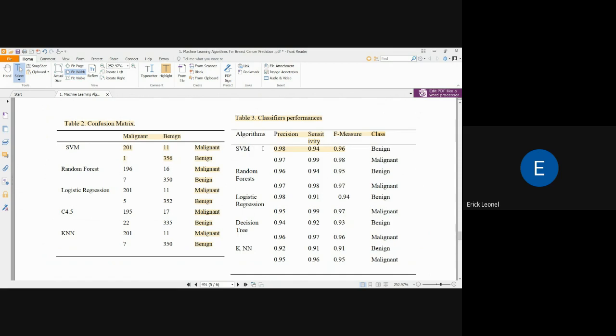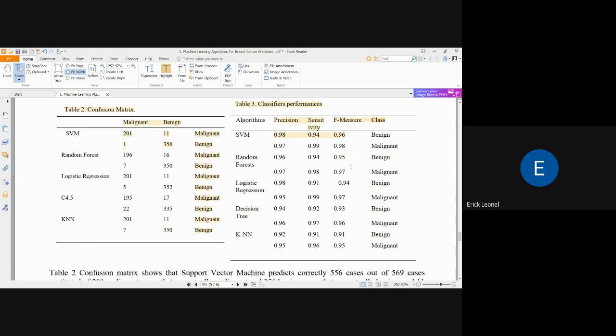From the results of table 3, we can see the percentages of precision 98%, sensitivity 94, and F measure 96 of support vector machine are higher than the other classifiers.